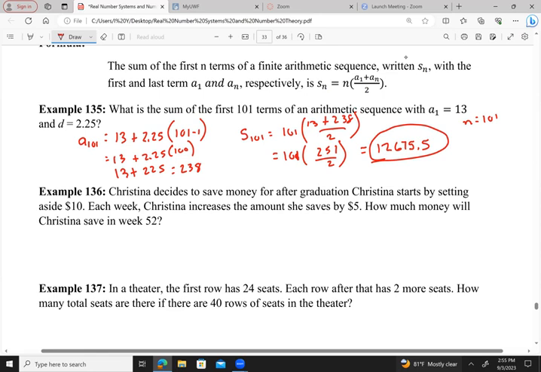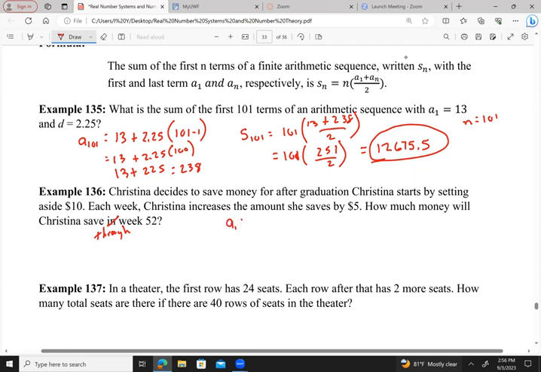Now note this is in week 52, not through week 52. But I think it meant through week 52, because that fits the problem. So we'll change this to through week 52.